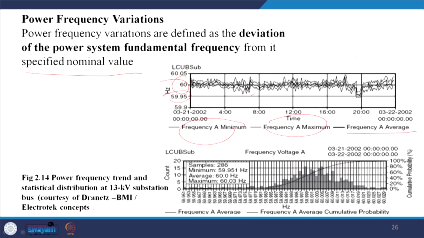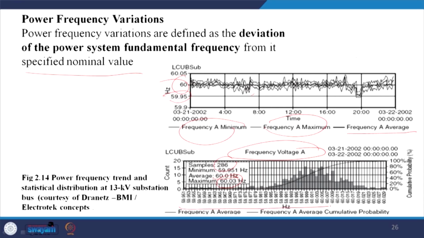This is 4 to 8, 8 to 12, and the 24 hours whole-day data. This is the daily variation of the frequency. You can see the time tag data, where the sample count is 286 and the minimum frequency noted is 59.95, the average is of course 60, which is the USA frequency, and this is the maximum.